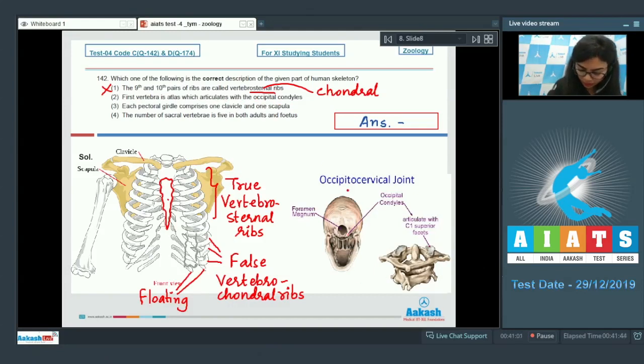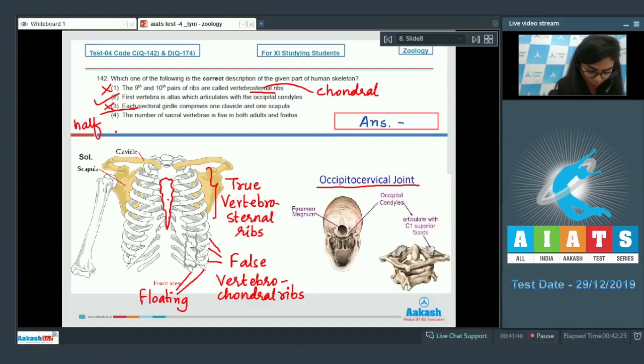This is true, students. The occipitocervical joint is formed when the occipital condyles articulate with the superior facets of the first cervical vertebra, that is atlas. So this is right. Option 3, each pectoral girdle comprises one clavicle and one scapula. This is incorrect because each half of the pectoral girdle comprises one clavicle and one scapula.